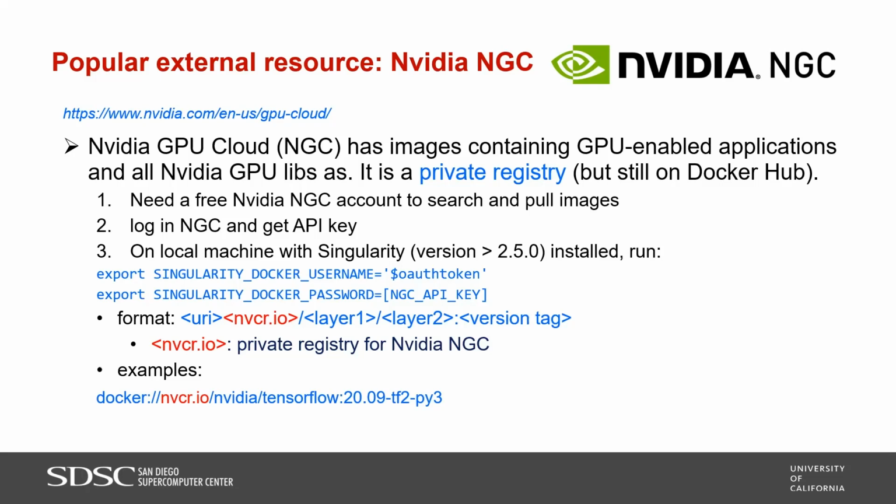The pre-built images here are also saved on Docker Hub, but it's a private registry. That means you need to do something before you can build the Singularity image from the NVIDIA NGC.